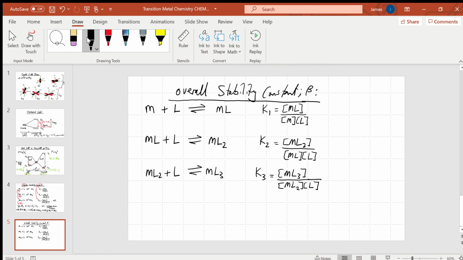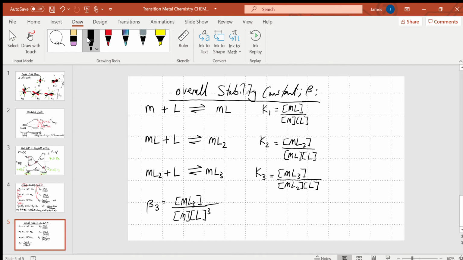So we can write that as beta 3 is ML3 over M L cubed.